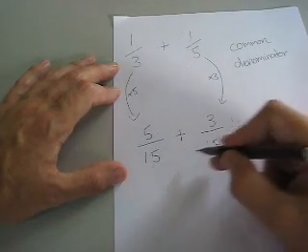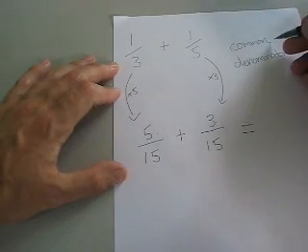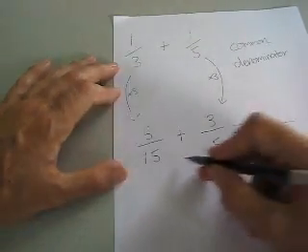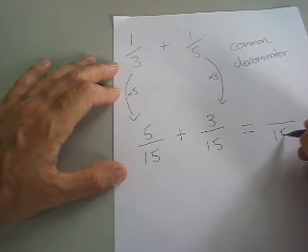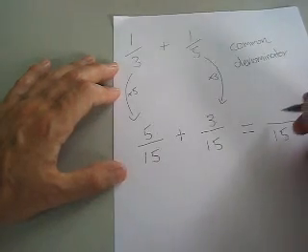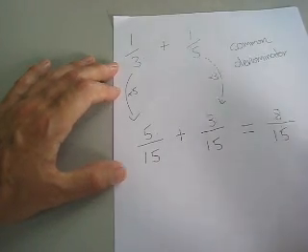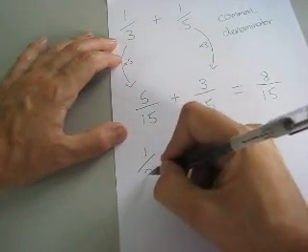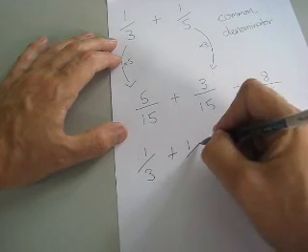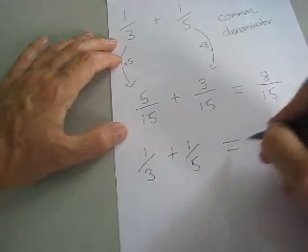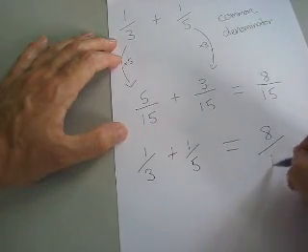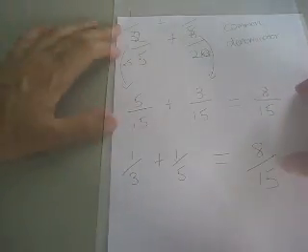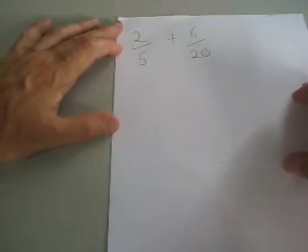Now I have the same denominator, a common denominator, so I can add my numerators. So 15 doesn't change, 5 plus 3, 8/15. So my original question, 1/3 plus 1/5 is 8/15.